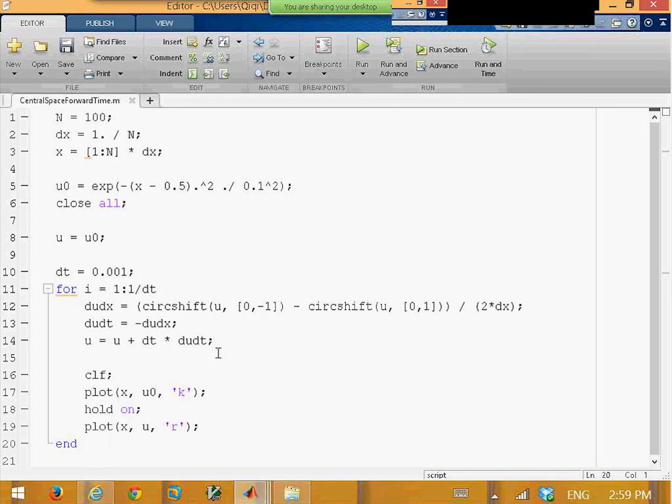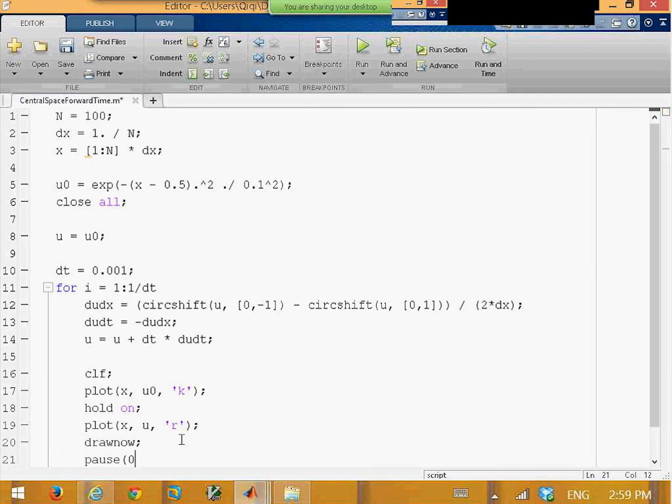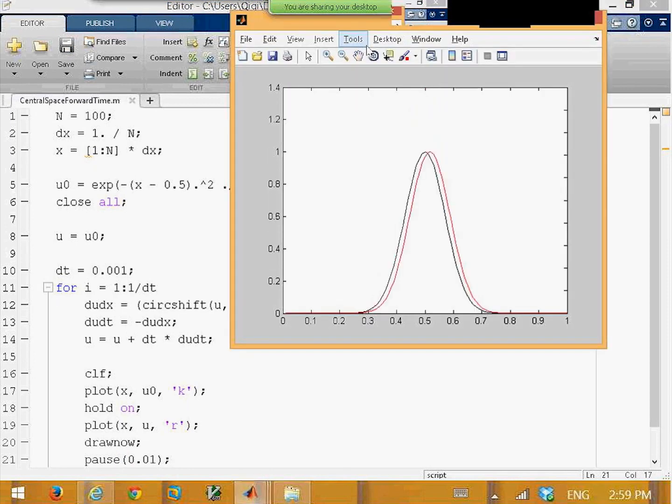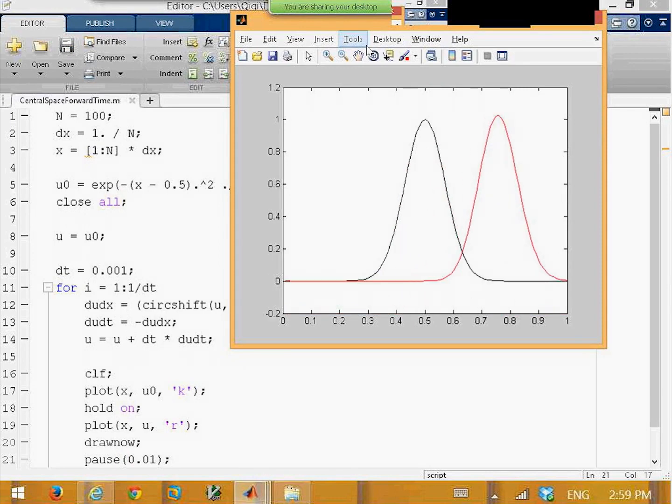Oh, oops, my end shouldn't be here. So I'm clearing the figure, plotting initial condition, plotting the solution, and I need to do draw now. So let's take a look at how. Let me actually pause for a little bit, pause for 0.01 seconds, so that we can actually see the solution moving. All right. Okay, so the red one is my solution as my time evolves from 0 to 1.